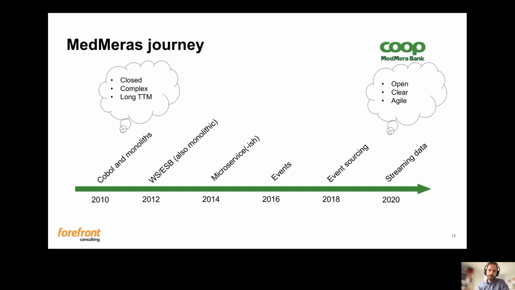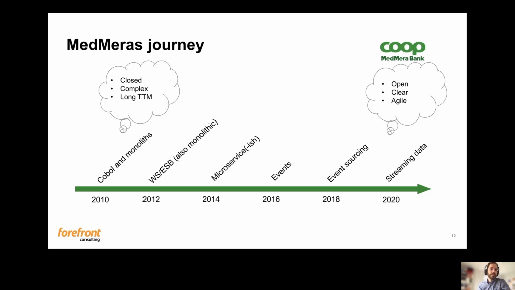In 2014, we started working with a microservice pattern-ish, since it was just a few of them. And then in 2016, we started working with events more seriously, which led to event sourcing. And now I would say we have some kind of streaming data architecture, at least partly.